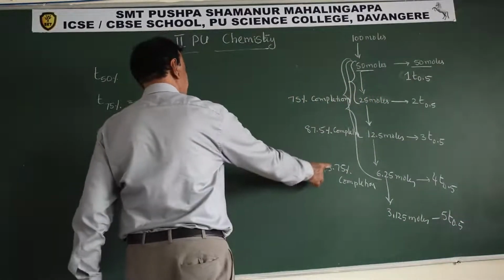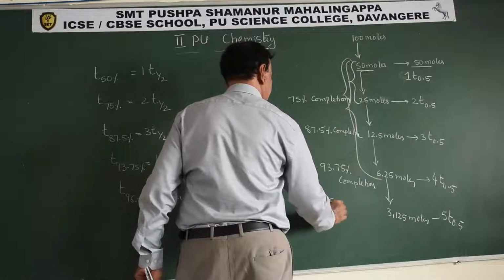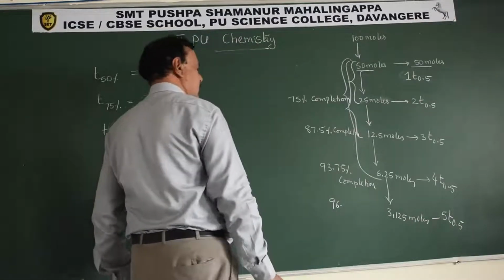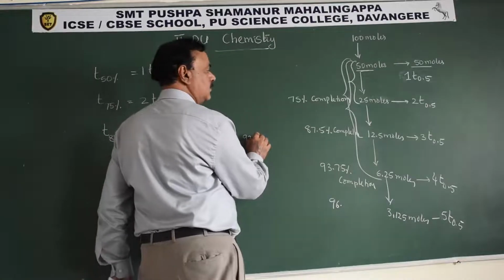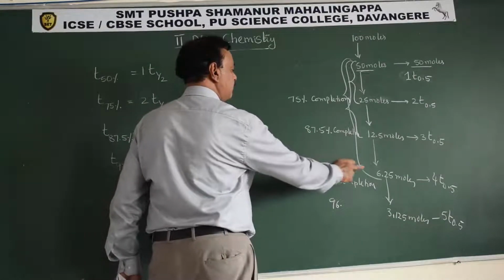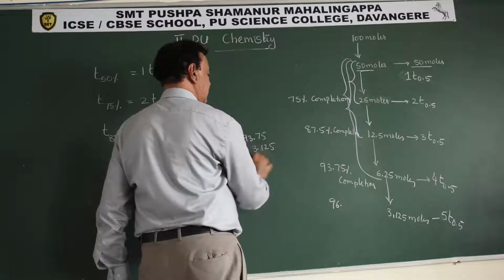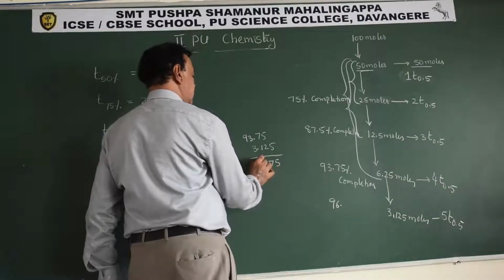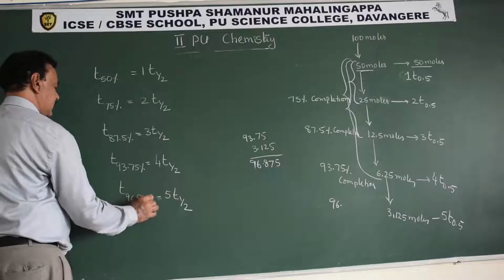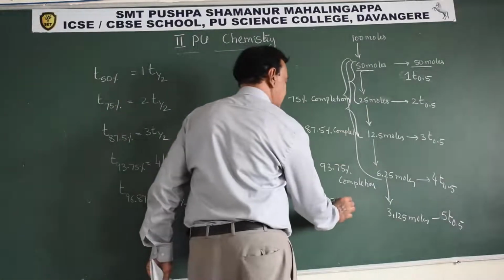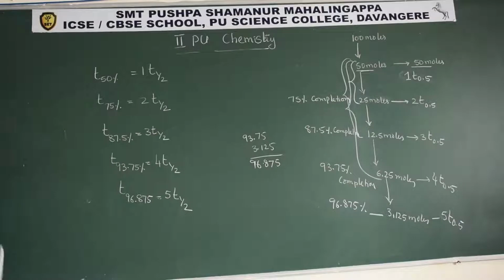Then 93.75 plus 3.125 is equal to 96.875% completion, 5 half-lives.